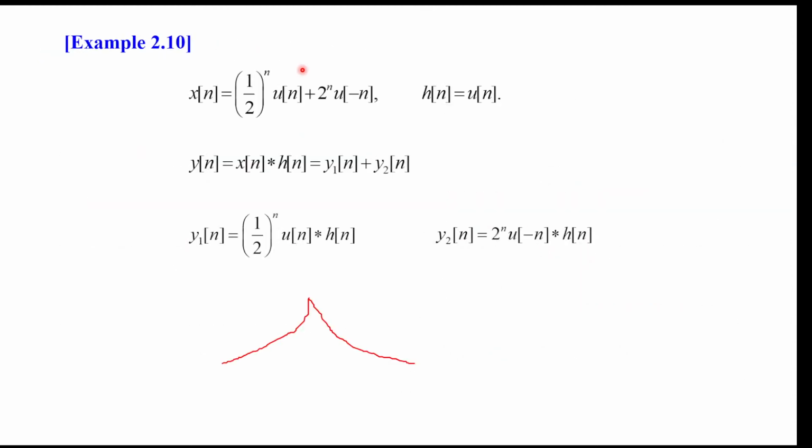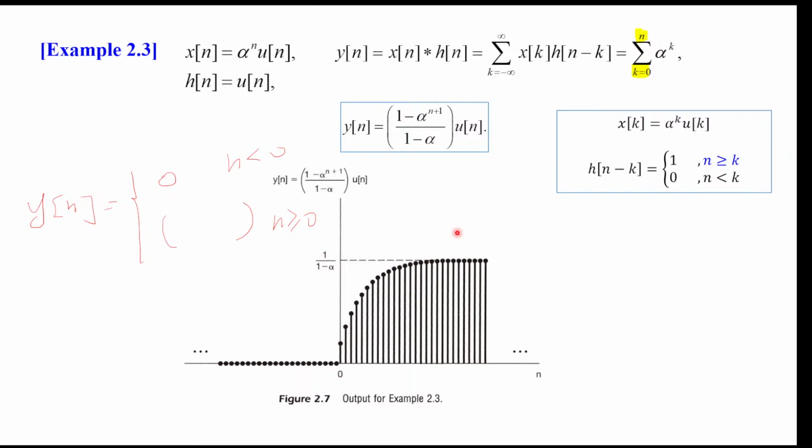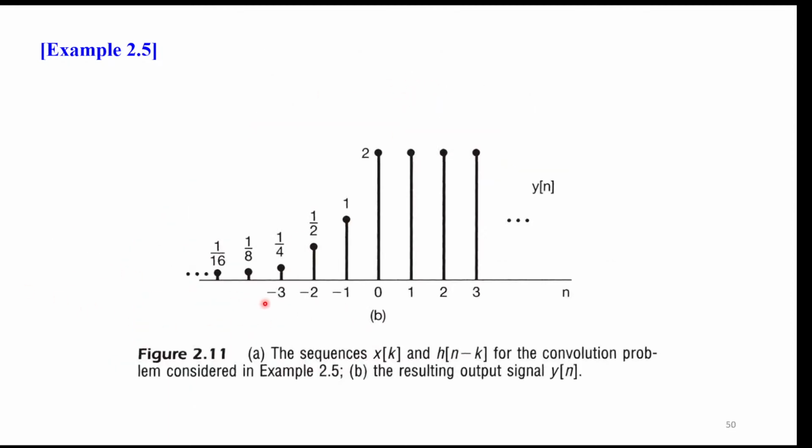So for y1[n], in this example we have x[k] looking like this, and h[n-k] looking like this, and we see that the resulting output is this exponential saturating function. And for the other part, the exponentially growing x[n], we also calculated its convolution with h[n] already, and it's this function that has an exponential tail when n is less than 0.